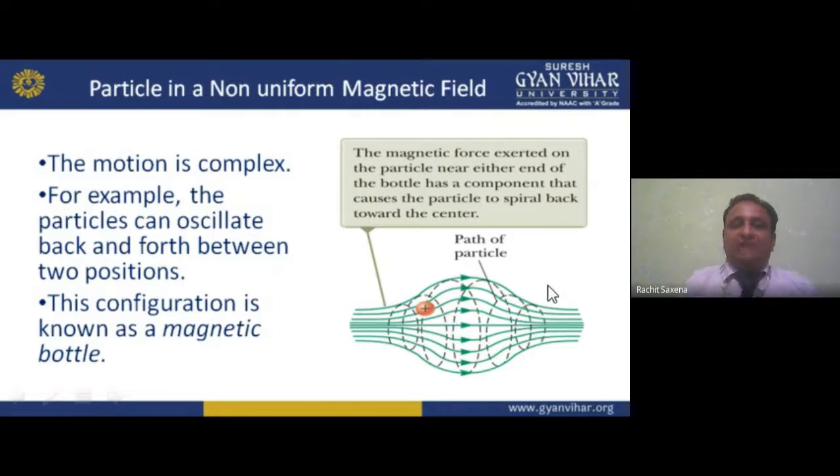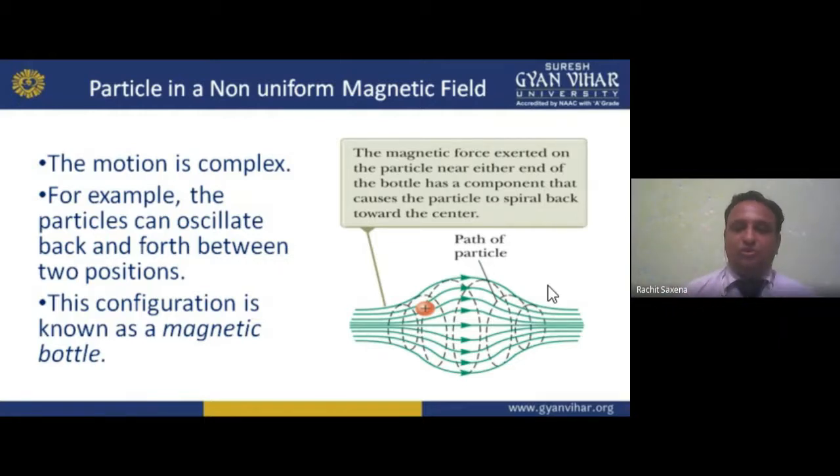The magnetic force exerted on the particle near either end of the bottle has a component that causes the particle to spiral back towards the center. So we have some force on it, and it gives oscillation back and forth.